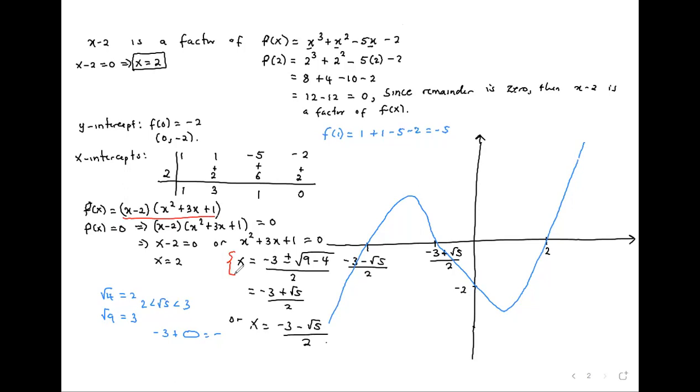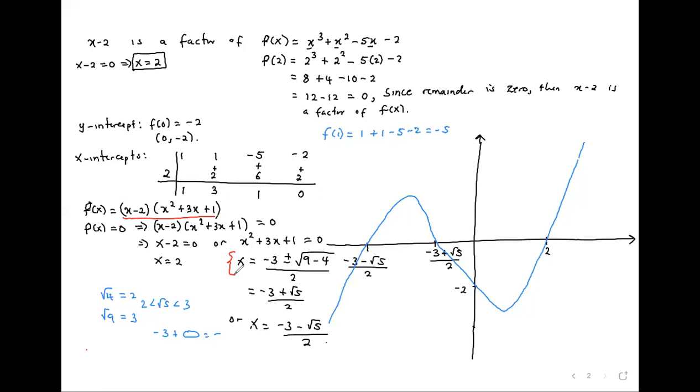And then, when you get the values, the plus or minus, negative 3 plus root 5, negative 3 minus root 5, the question is not on negative 3. The question is on the root 5. Is root 5 bigger than 3? Now we're saying root 5 is not bigger than 3.